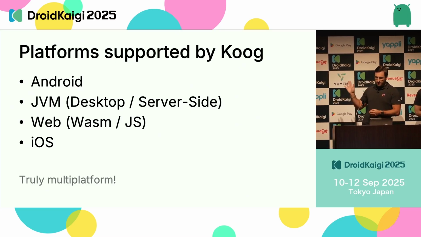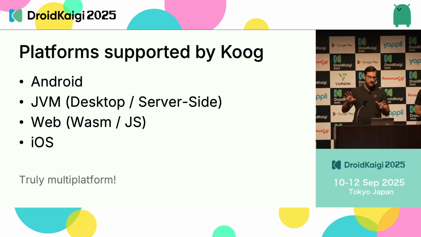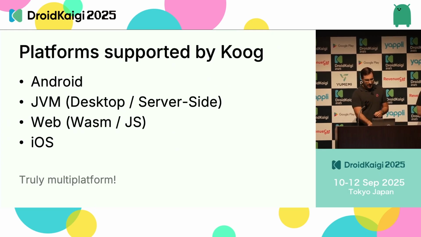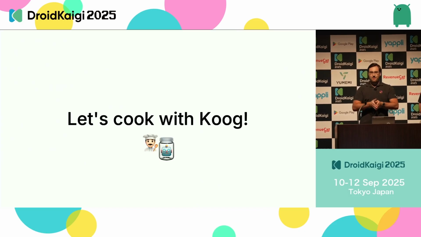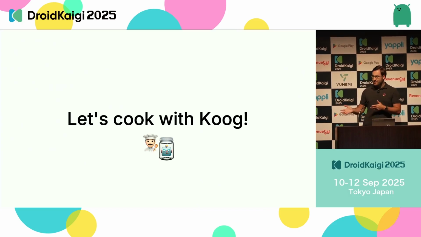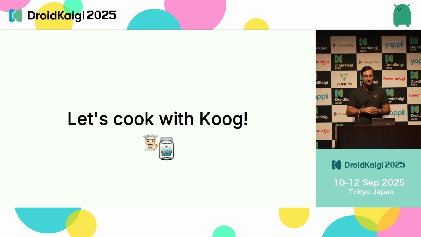So we'll also briefly look at some of those more advanced use cases in just a little bit, but I'm getting ahead of myself. In my opinion, the best way to understand how our technology works is to just dive in and play with it. So let's cook with Koog. I'll give you some hopefully directly applicable advice that you can use to also explore on your own and start your own Koog journey.